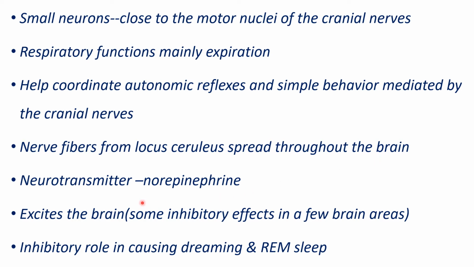Generally, they secrete the excitatory neurotransmitter norepinephrine, which has an excitatory role in the brain, but it may have some inhibitory effects in a few brain areas. The inhibitory role is important in causing dreaming and the rapid eye movement sleep, or what we call REM sleep.